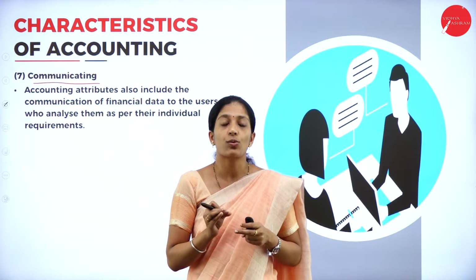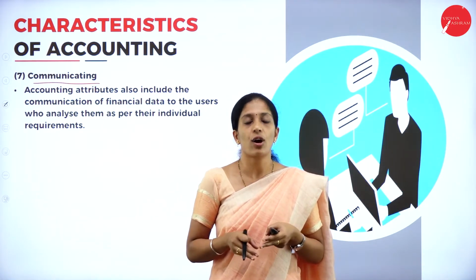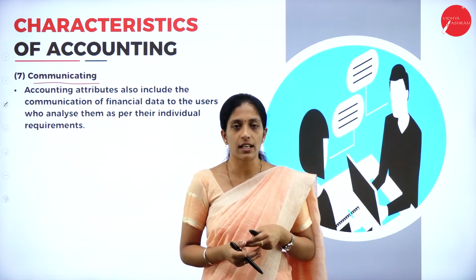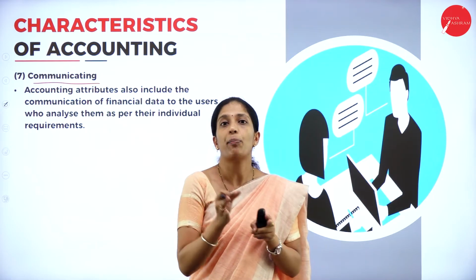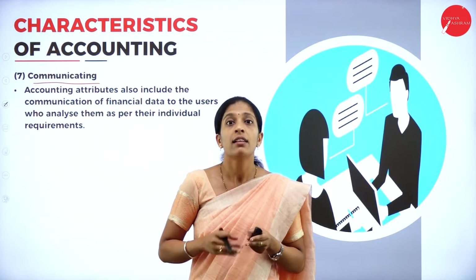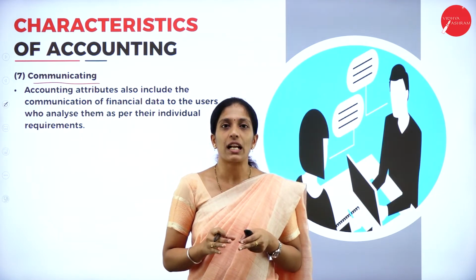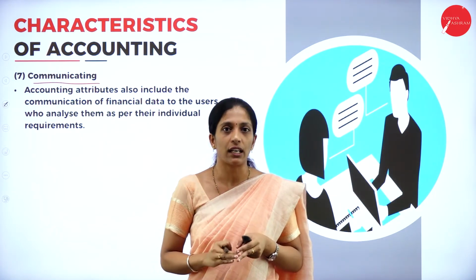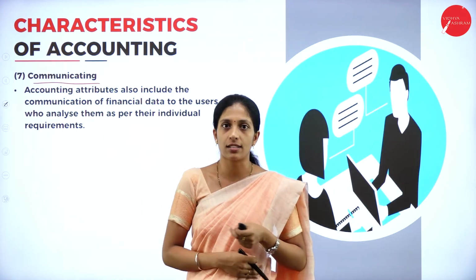Now users means those who are dependent on accounting information. Those inside the organization are called internal users, and those outside the organization who are still dependent on accounting information are called external users. So it is the duty of the organization to communicate the accounting information to these users, whether internal or external.